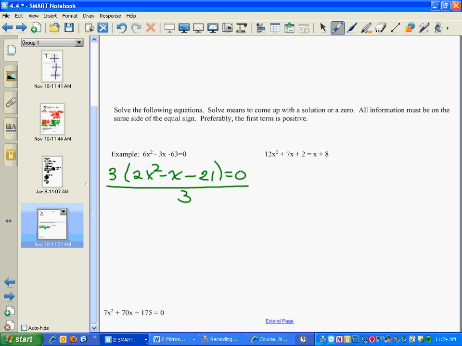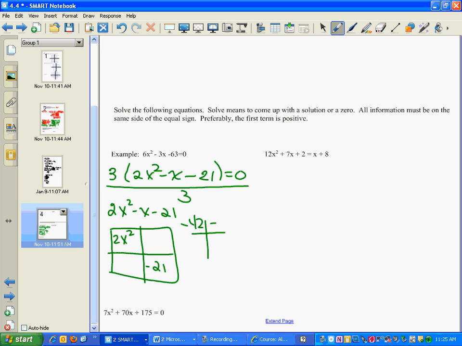So really what I need to do is solve the problem 2x squared minus x minus 21. So 2x squared, negative 21, product of negative 42 that gives me negative 1 would be 6 and negative 7. And so I can pull out a 3.